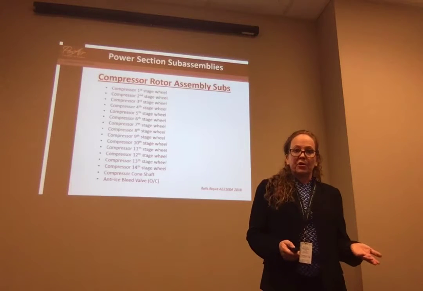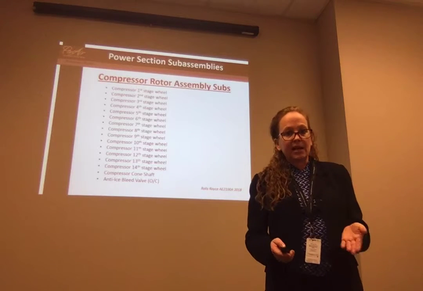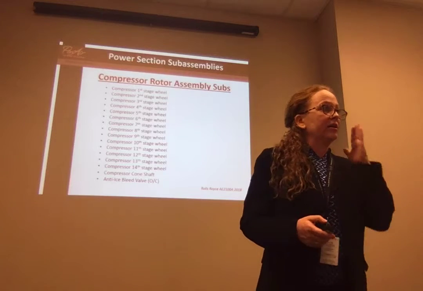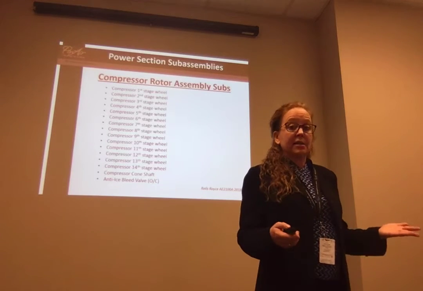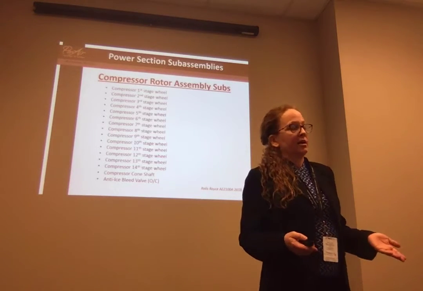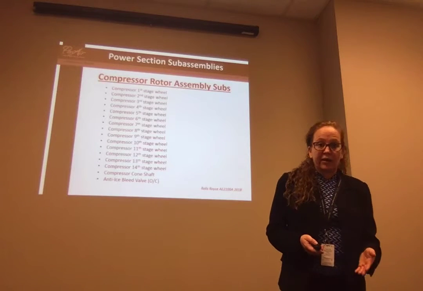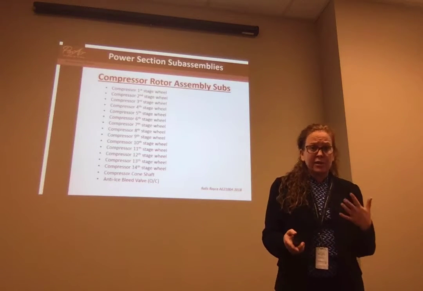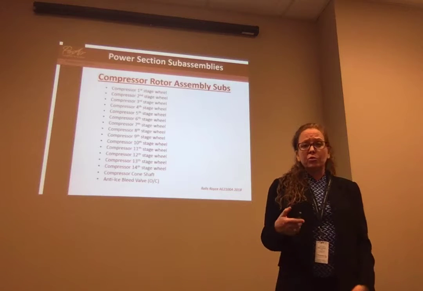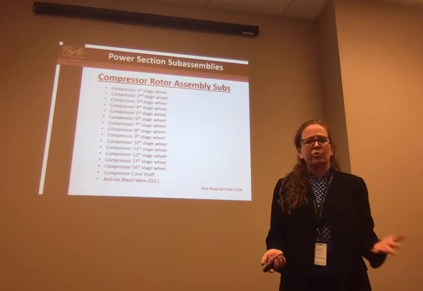So when we look at the compressor rotor, that's the big one. That's got the 16 parts on it. 15 are tracked. One of them is an on-condition, and that's your anti-ice bleed valve. The anti-ice bleed valve is tracked because through trend analysis, we've realized that we go through a lot of these.